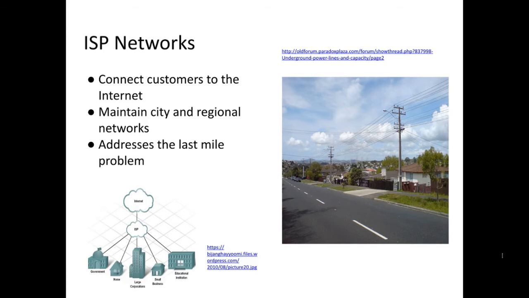So with an ISP, you're going to call them up and say, I want some internet, and they send an actual person out to your house and wire up your house, and then put either a modem or a router, usually a modem, and whatever. They put the hardware in there to be able to connect to their network, and their network is running either in the utility poles or underground. They have those wires, those cables connecting all these houses together, all this city at the city and region level.